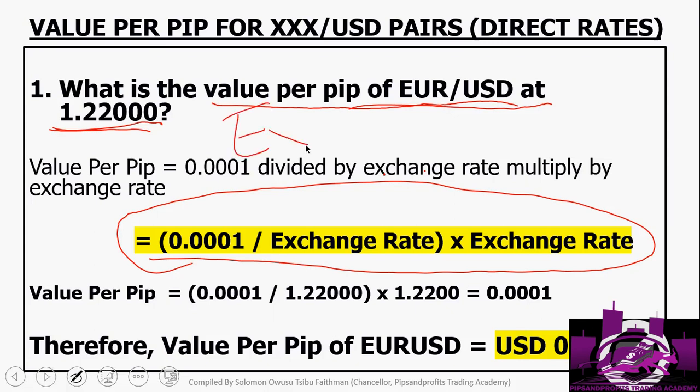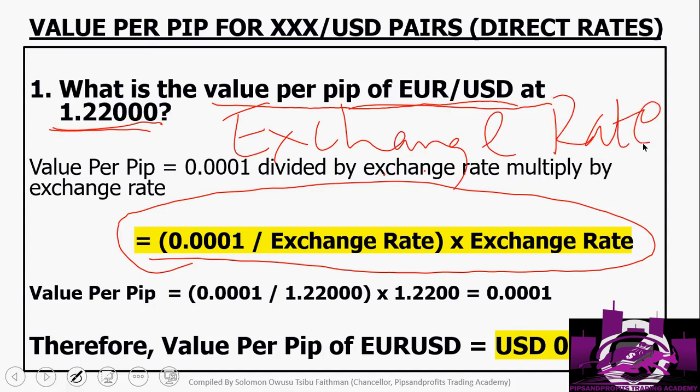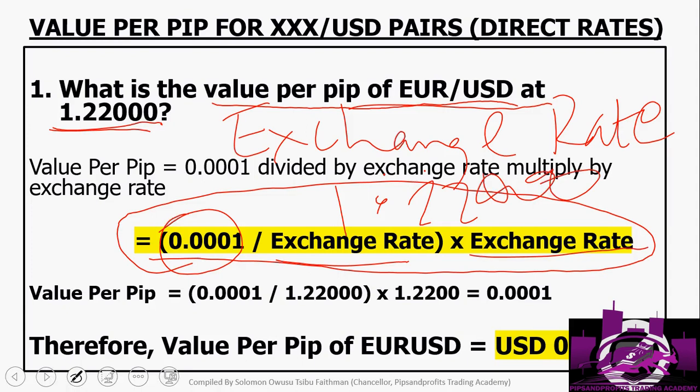So if I want the value per pip, I will divide by my exchange rate and then multiply it by the exchange rate again. When I do that, my value per pip for Euro USD is going to be this.